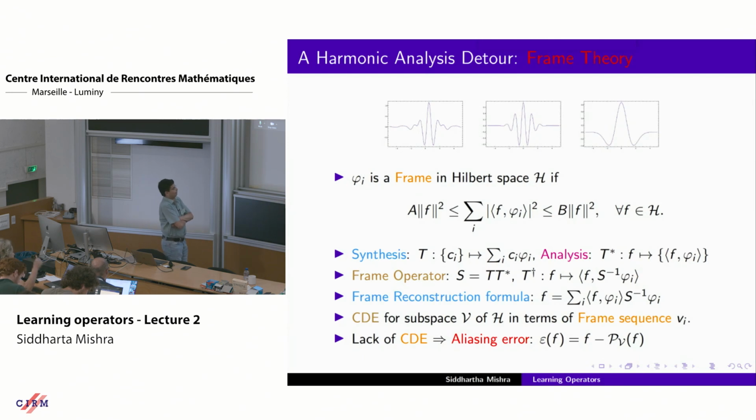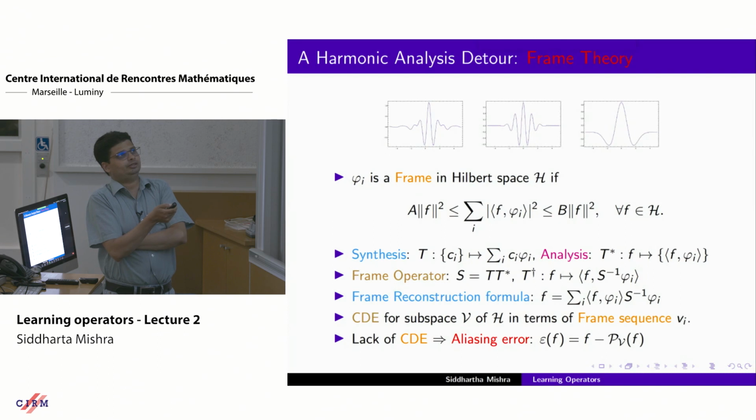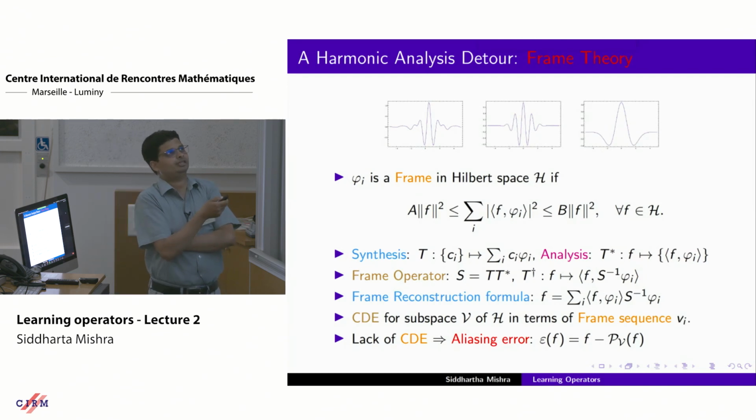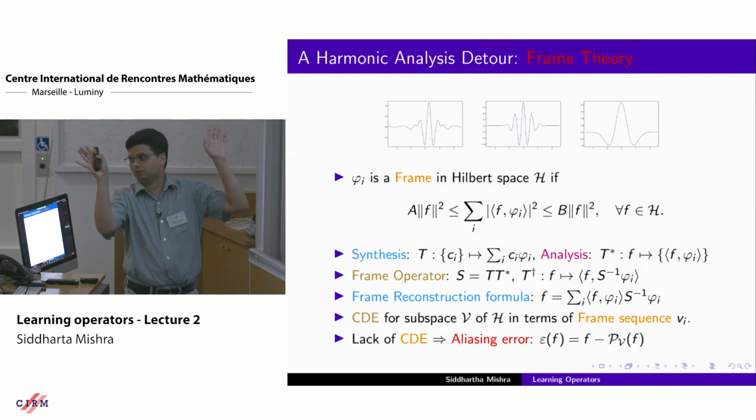So, this is the basic idea behind frames, and the link between the continuous and discrete when you have frames is provided by these objects called the synthesis operator and the analysis operator. The synthesis operator is very, very simple. It takes, for instance, these frame coefficients which are discrete, and it forms a function itself. So, from the frame coefficients you get back a function, that is the synthesis operator. If you do not want to deal with frames, just think of basis, right, and you get identically the same representation.